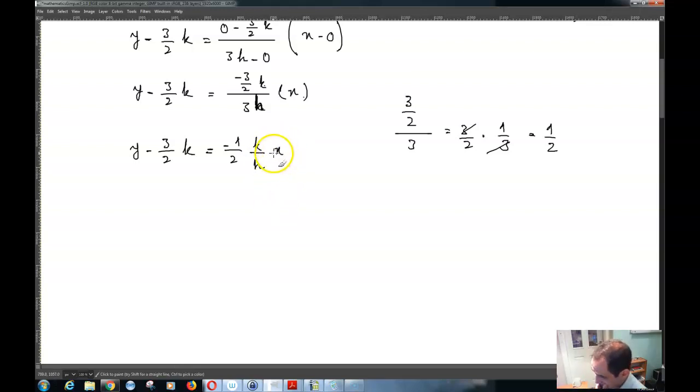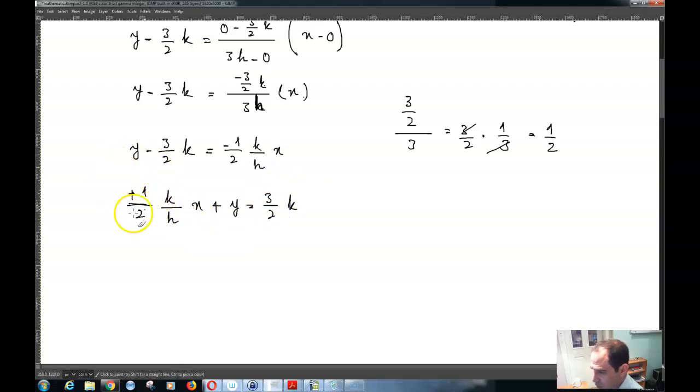And if you move this to the other side of the equation, you will get positive 1/2 k over h times x plus y is equal to 3/2 k.